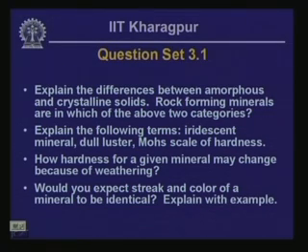Now, rock forming minerals are in a sense crystalline solids. Okay, the second question that I asked was for an explanation of a few terms, the first one being iridescent mineral. What is meant by iridescent mineral is that in minerals, oftentimes there are refractive inclusions that have a different refractive index compared to the host material.